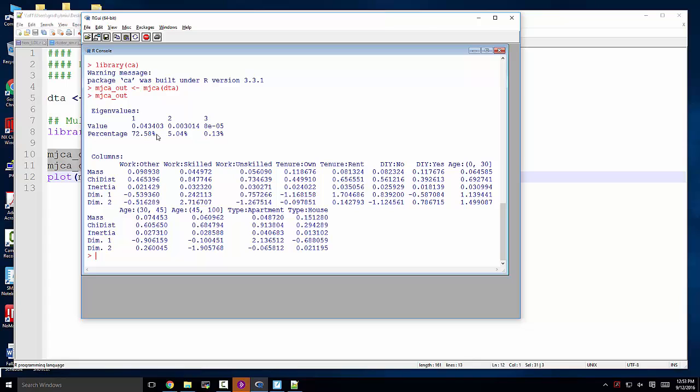And we have percentage of information explained by each of, in this case, 3 different directions or dimensions. So, almost 3/4 of the information content in our collection of categorical variables can be explained in one direction.